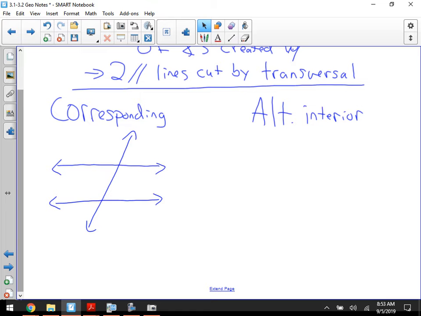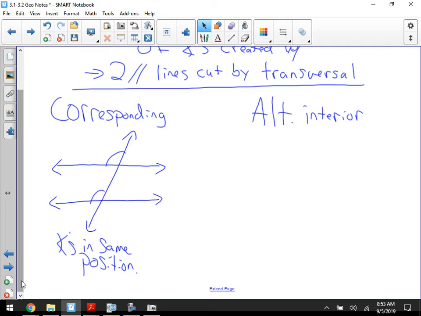Angles are in the same spot on the same side of the transversal. For example, that angle is in the top left. The corresponding angle to that on the other one would also be the top left. Think of them as angles in the same position. Okay?